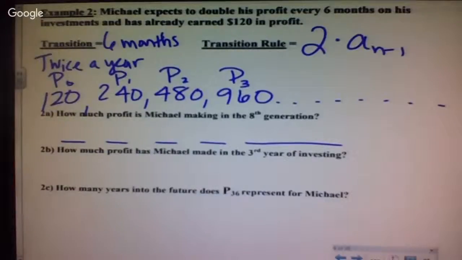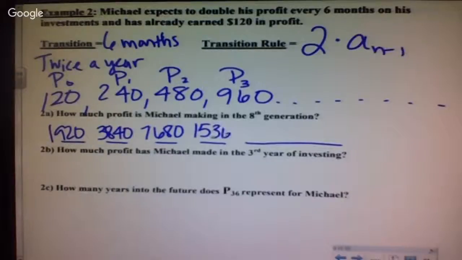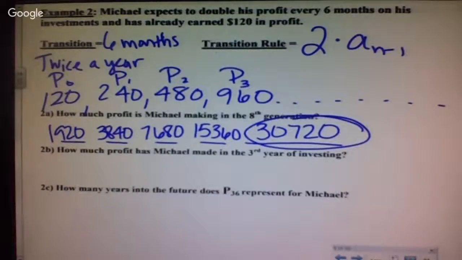The next one is 1,920. Then 3,840. Then 7,680. Then 15,360. Then 30,720. After 8 generations, he now has $30,720.